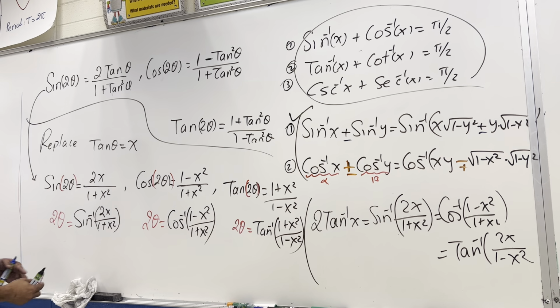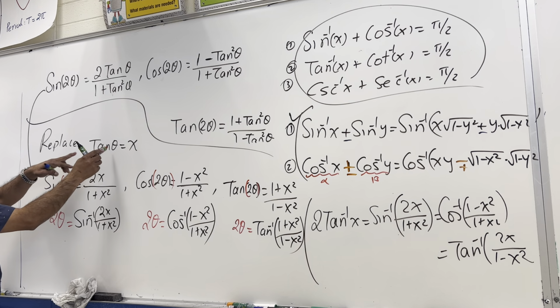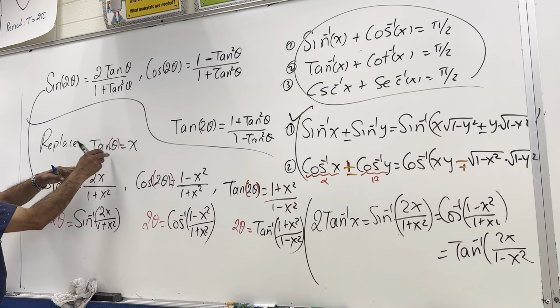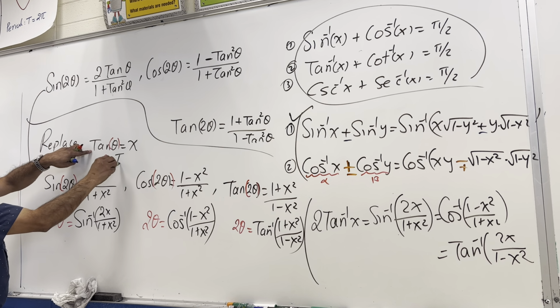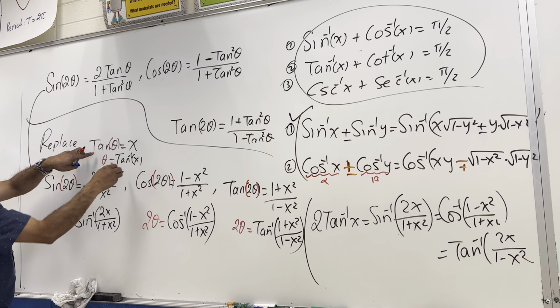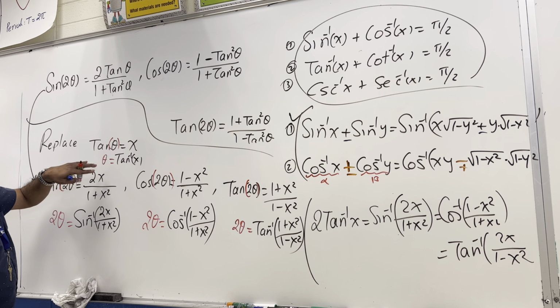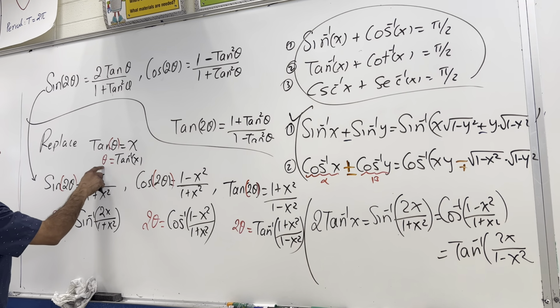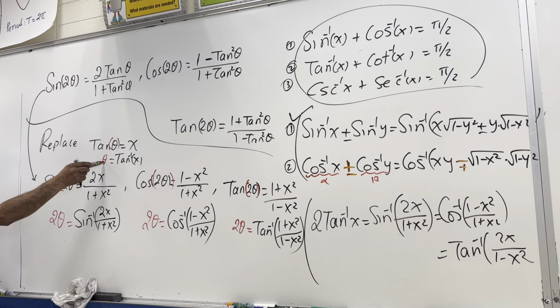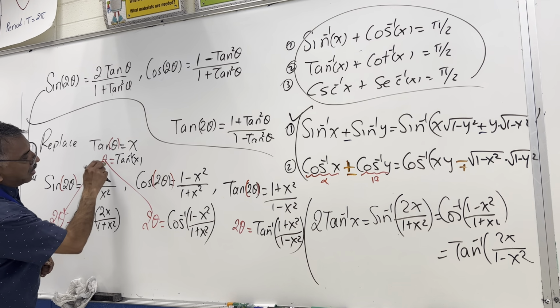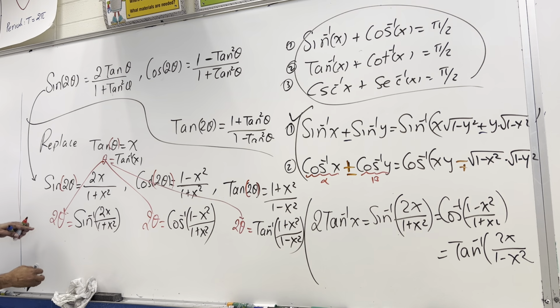And then you will see that we replace this theta by, so what is theta? From here, this angle theta is tan inverse of x. See, because tan theta is x, by definition of inverse trig. So you replace this theta right here, and right here, and right here. So that is 2 tan inverse of x.